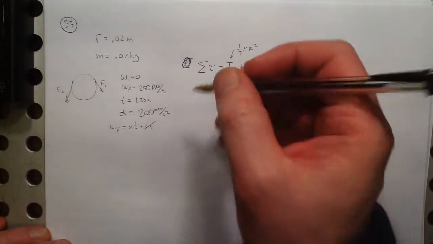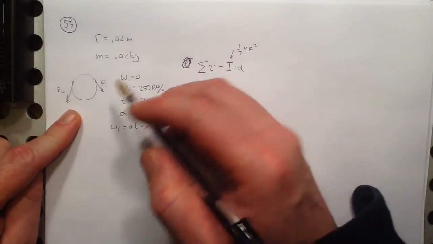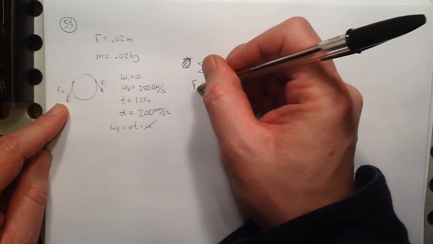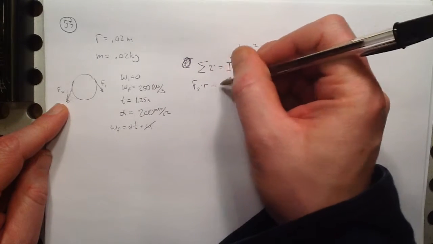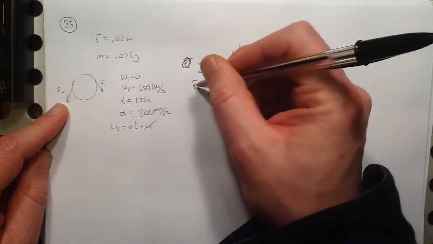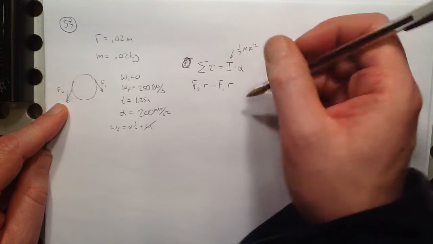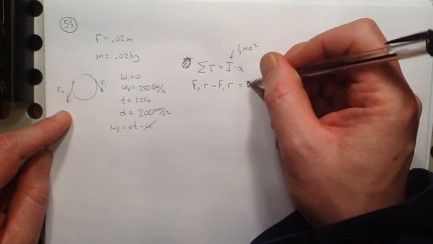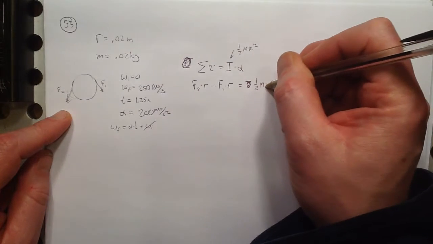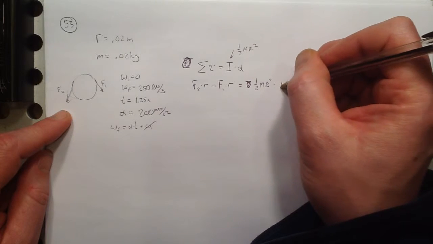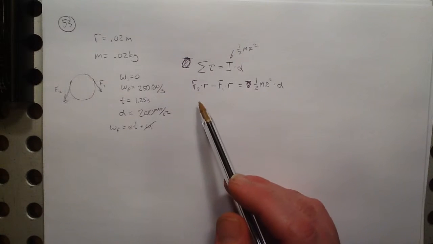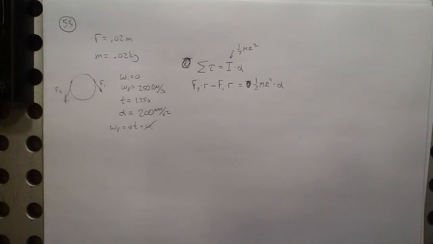Now, there are two torques here, and we know that since it's rotating this way, that F2 is winning. So that means F2R minus F1R, those are my torques, torque 2 minus torque 1 is equal to I, which is, let me fill that in, 1/2 mr squared times alpha. And I think I know everything in this equation except for F2, right? And that's what they want me to find.